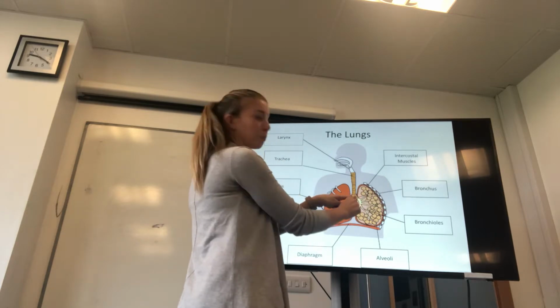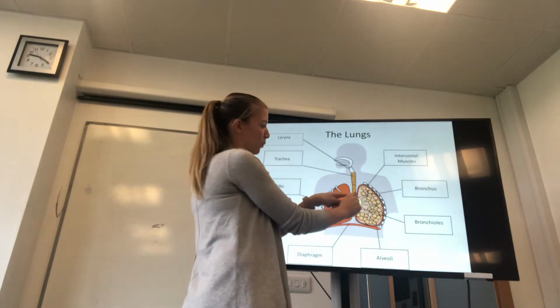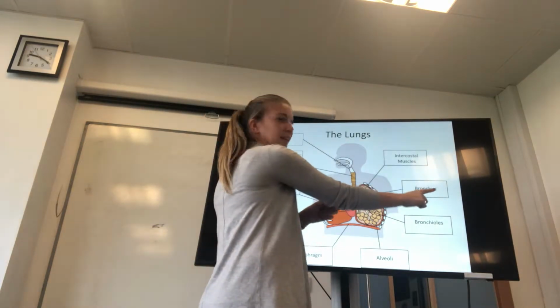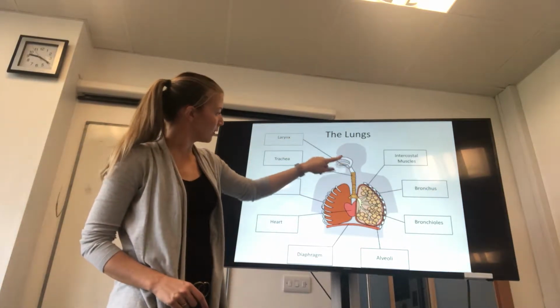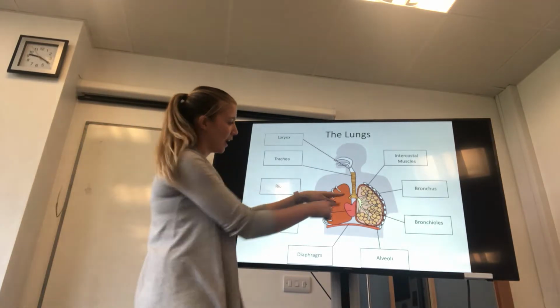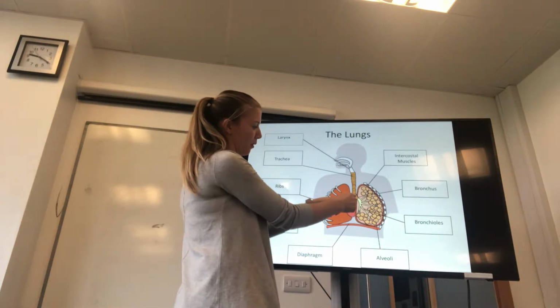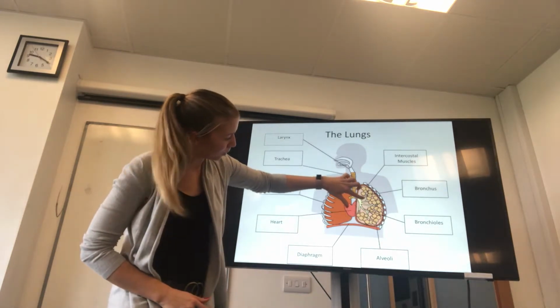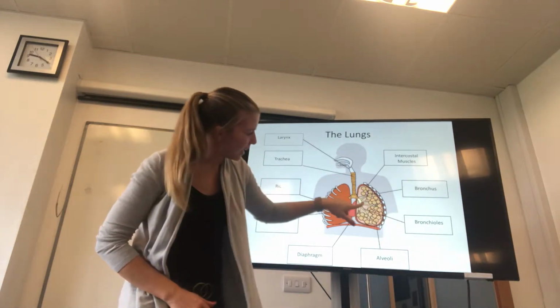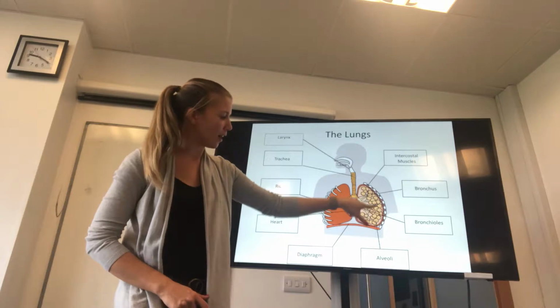One is bronchus, or two bronchi. So when you're talking about both, it's an I instead of a US. So the air comes in through the larynx, down the trachea, and then it breaks off and goes into both bronchi. From here, it then passes down these smaller tubes called bronchioles, and then finally reaches the alveoli.